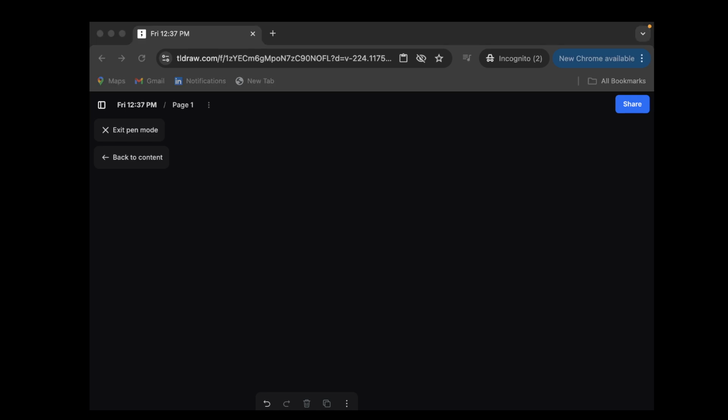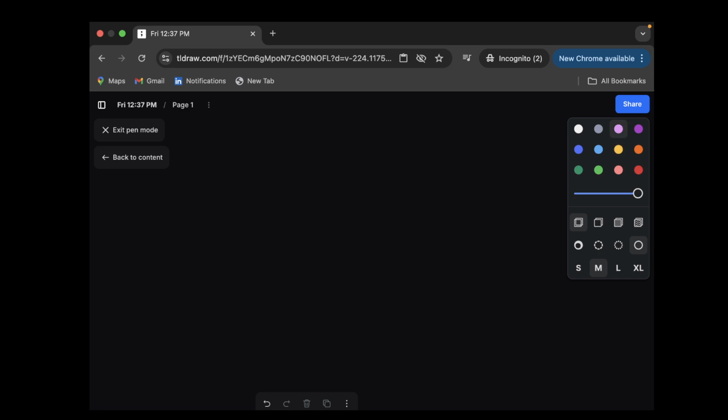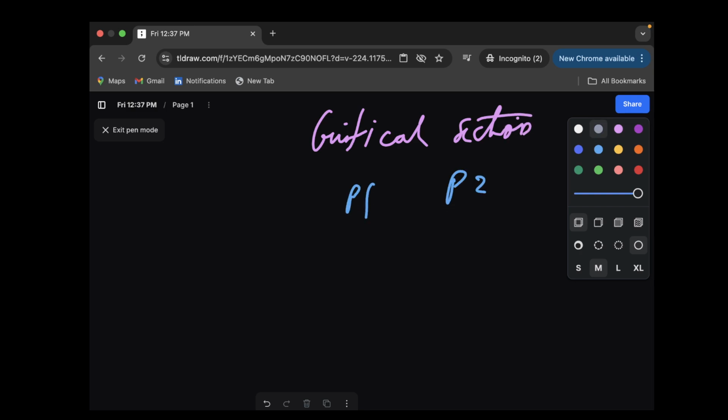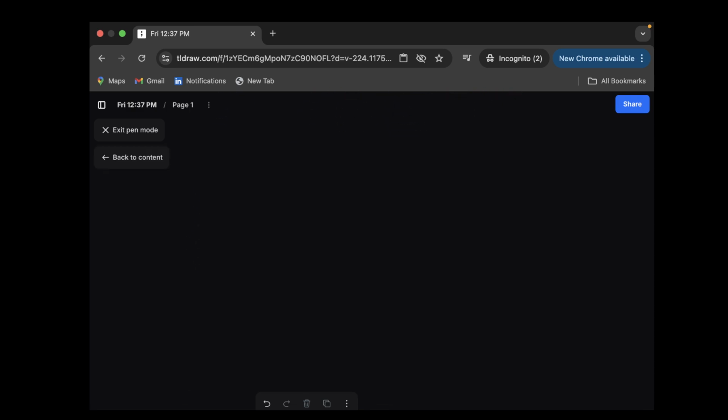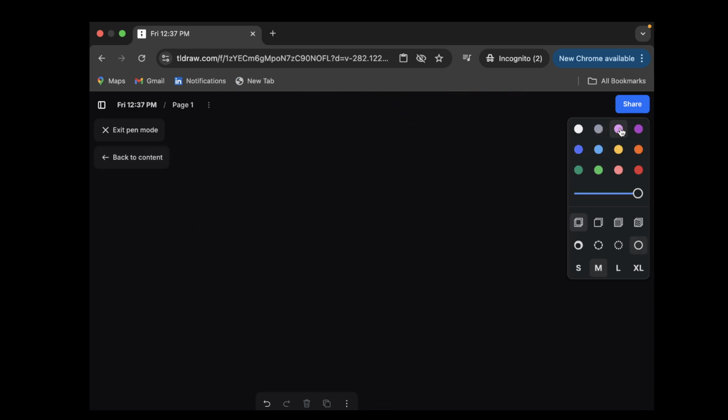Okay, so to solve the critical section problem, we follow three rules, right? Critical section is basically anything where two processes are going to share resources. Sharing is entering into a critical section. Now we need to make sure that no process is deprived.